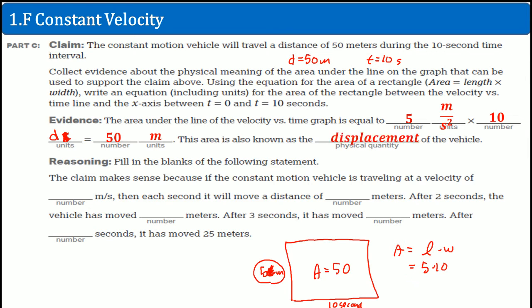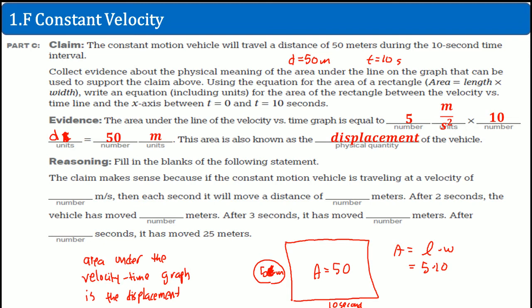So here the key idea is the area under the velocity-time graph is the displacement. All right.